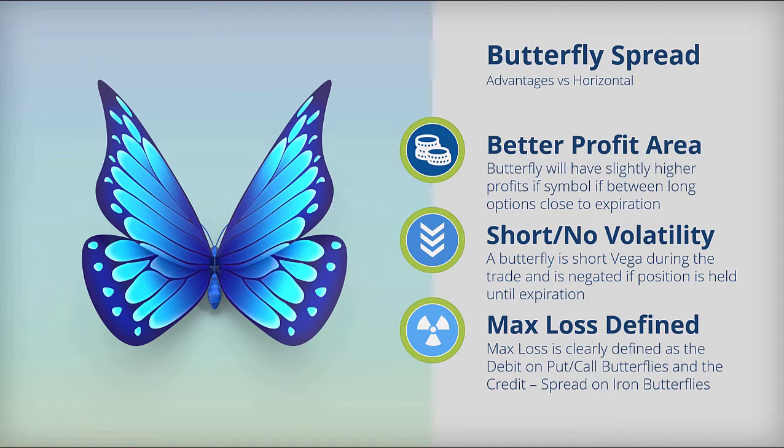That is not the case on a horizontal, because a lot of things can change. A lot of little variables and volatility can make this look very different. So the great thing about the butterfly is you can completely quantify your risk. Like, hey, I'm going to lose no more than $500 on any one trade. That is a guarantee on a butterfly, 100% guarantee.